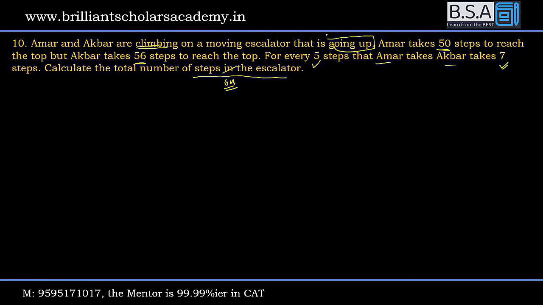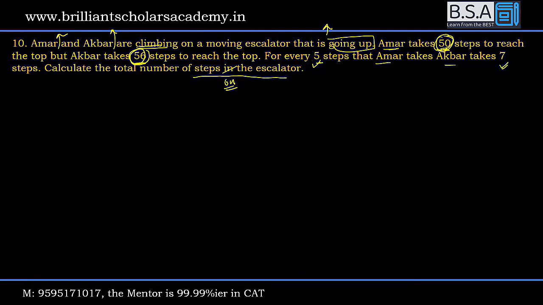So the escalator is going up and these guys also are going up. When Amar travels on the escalator, these are Amar's steps. We do not know how many the escalator takes. When Akbar starts his journey, his steps are 56. We do not know how many the escalator takes.